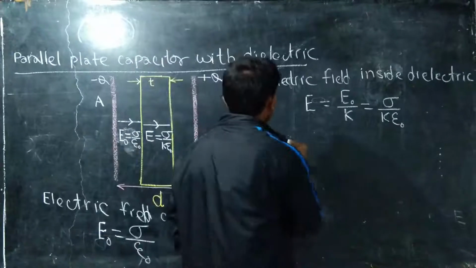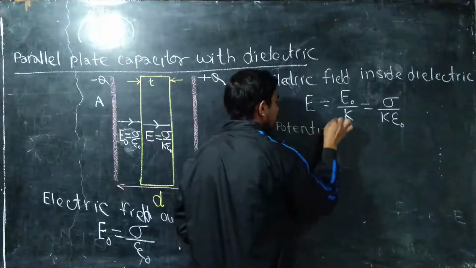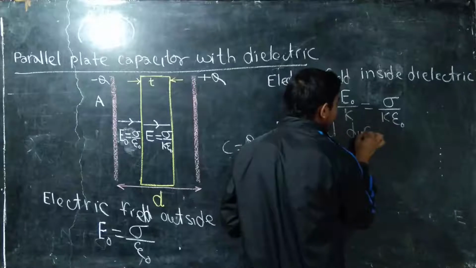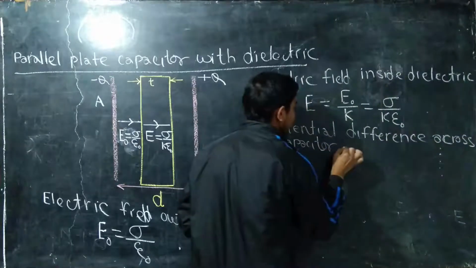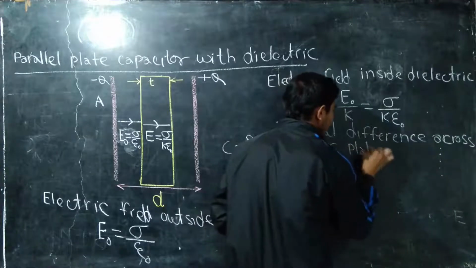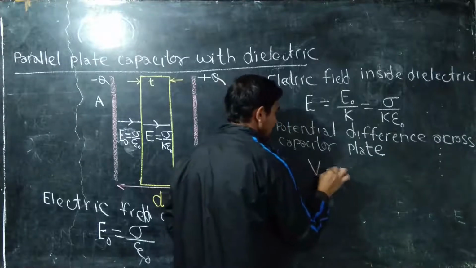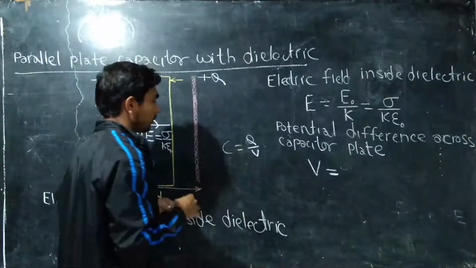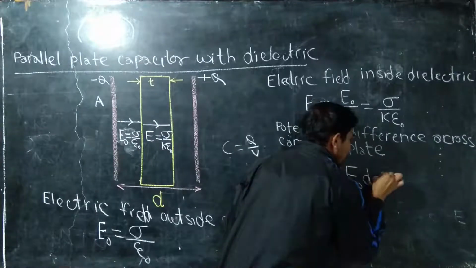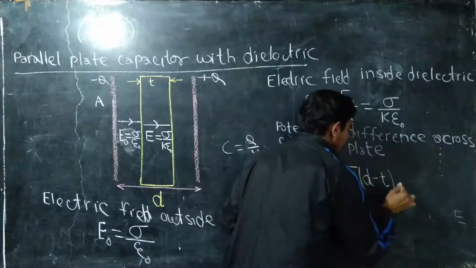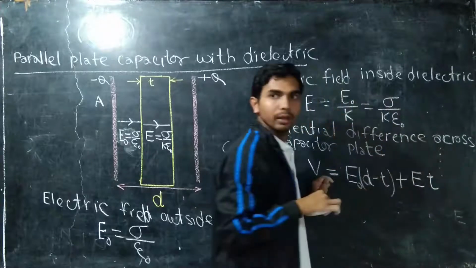So now the potential drop, the potential difference across the capacitor plates, call it V, and this V is equal to E naught into (D minus T) plus E into T, right?